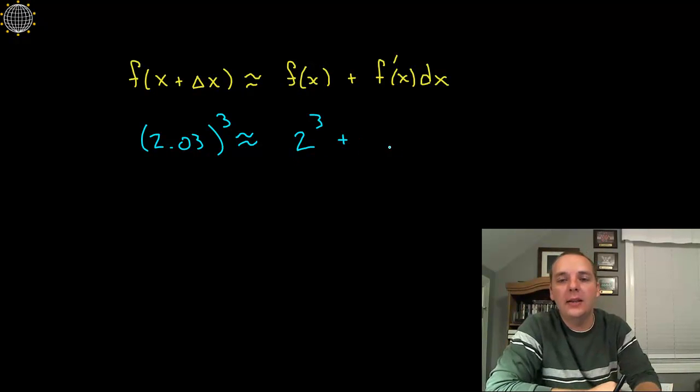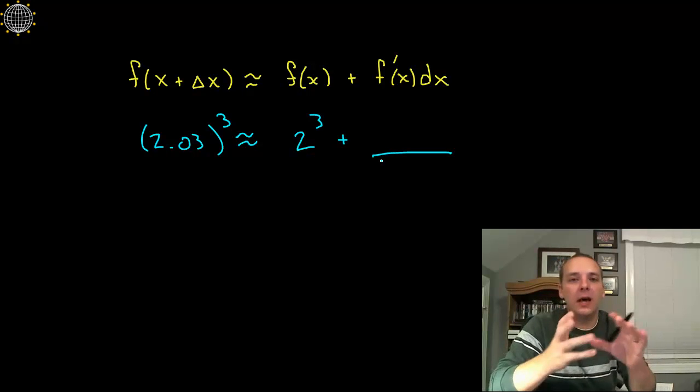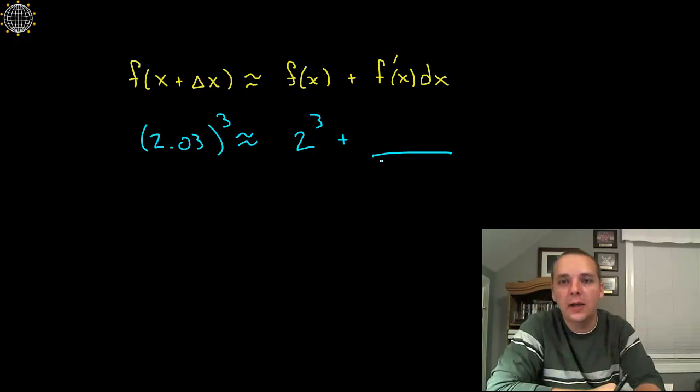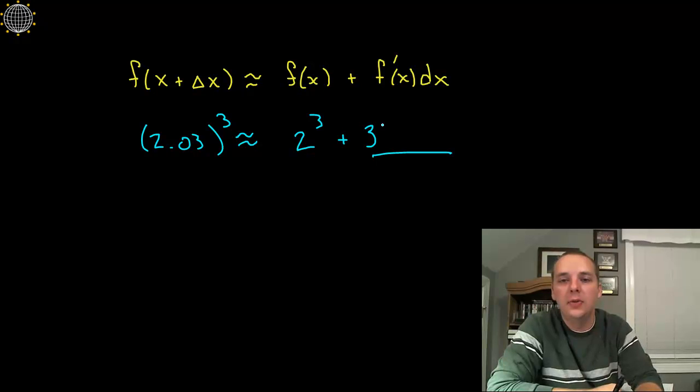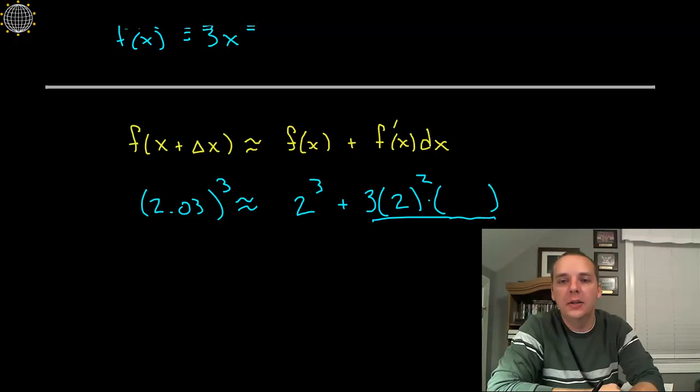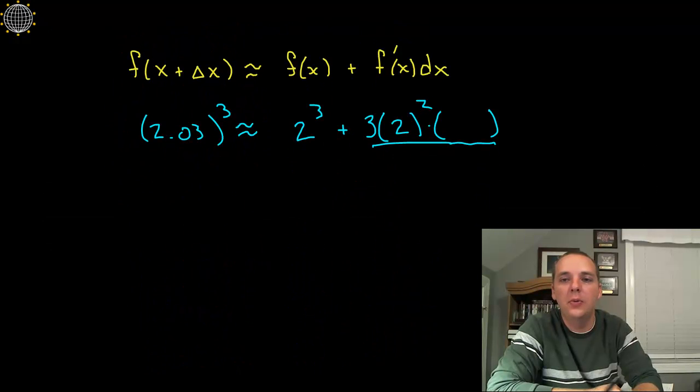But then you have to add in this corrective factor that fine-tunes it to be more accurate. So I'll take the derivative evaluated at 2, not 2.03, but 2, the nice value, which would be 3x squared, but instead of the x, I'll pop in a 2, times the change in x, and the change in x was 0.03.